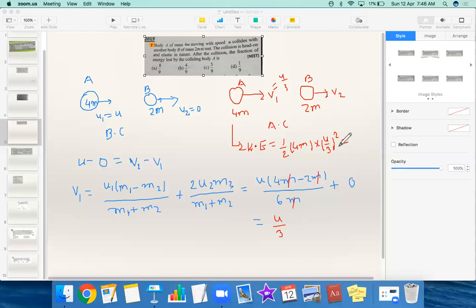Now the kinetic energy lost, what is the kinetic energy lost?